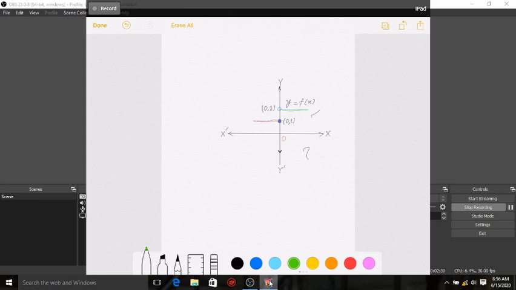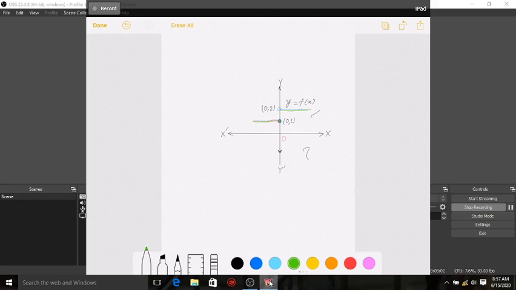The line is continuous from the left side of the y-axis up to the y-axis, but on the right side of the y-axis, we have to lift the pen. So there is a break in the graph. So this graph is not continuous at x equal to 0.